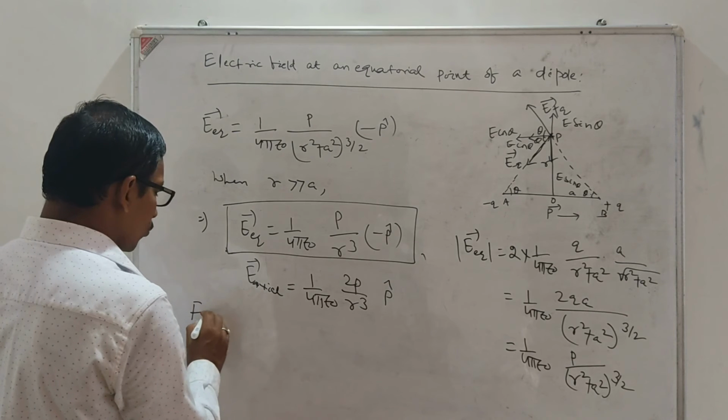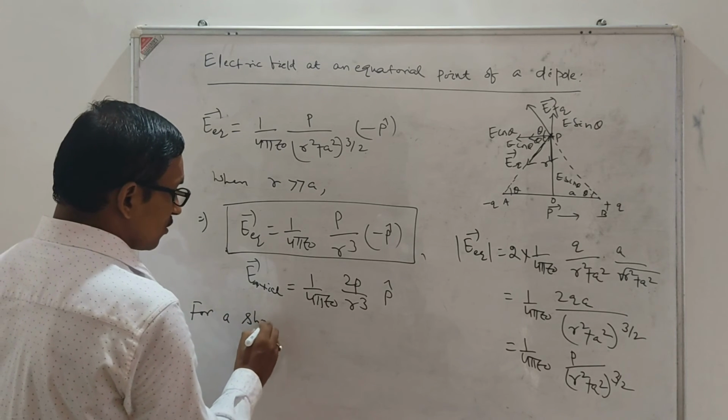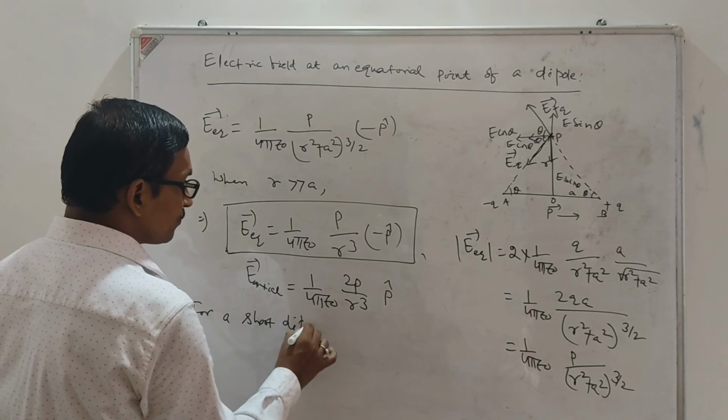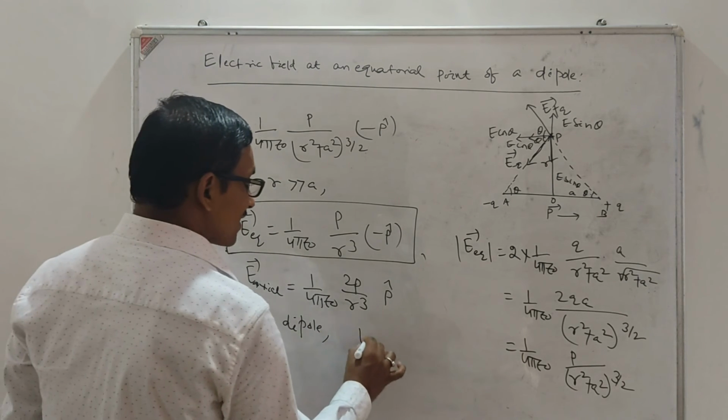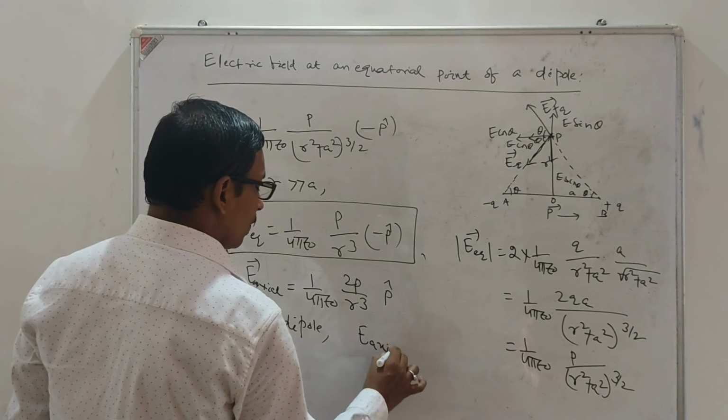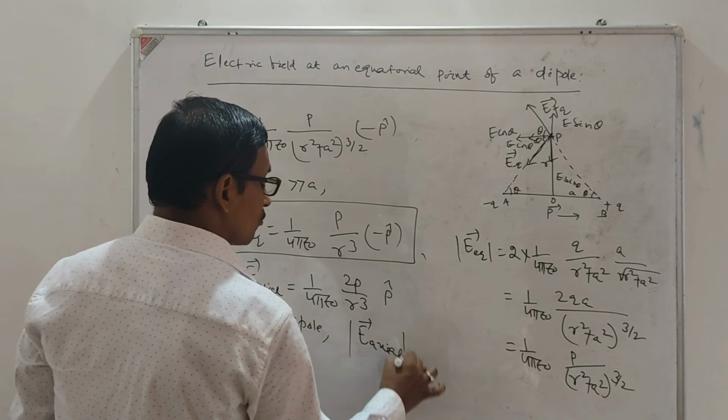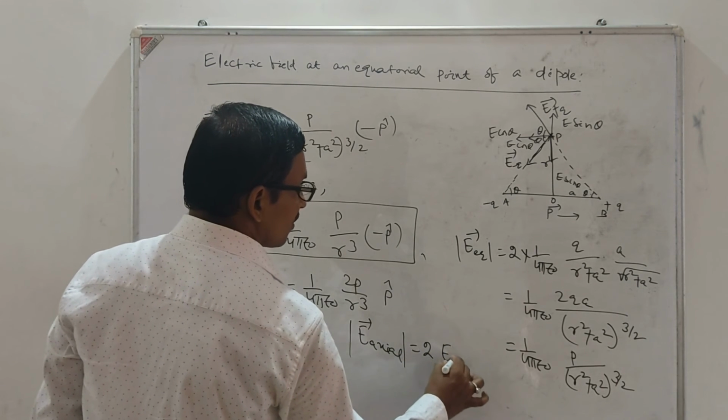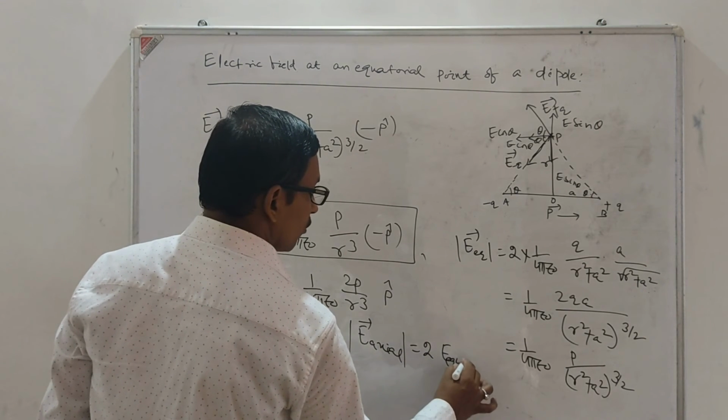So I can write the conclusion: for a short dipole, the magnitude of E axial is equal to twice the magnitude of E equatorial.